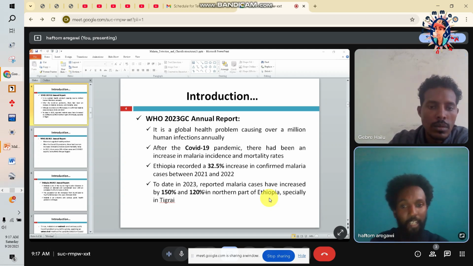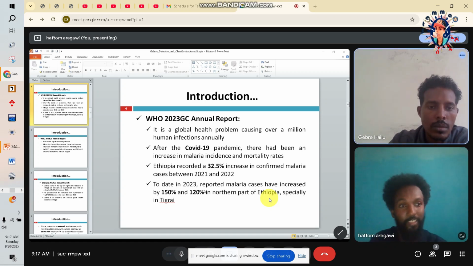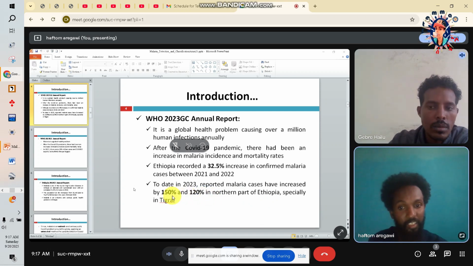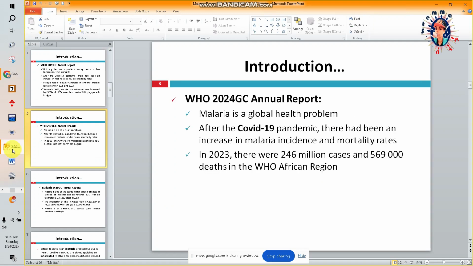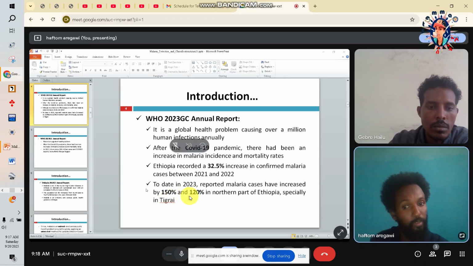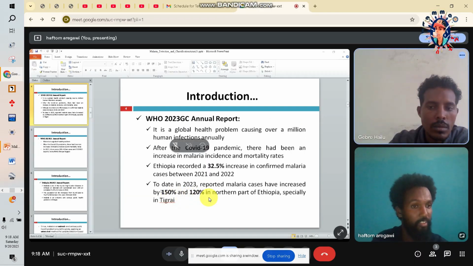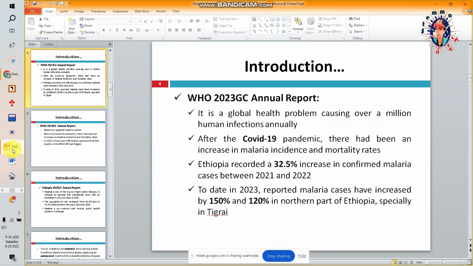The report about Ethiopia indicates a 32.5% increase in confirmed malaria cases between 2021 and 2022. To date, in 2023, reported malaria cases have increased by 150% and 120% in the northern part of Ethiopia, especially in Tigray. I think it happened due to the devastating war between Ethiopia and Tigray.